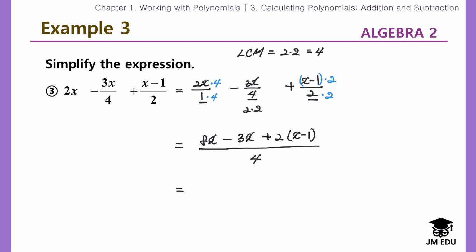That is equal to 8x minus 3x, 2 times x is plus 2x, 2 times negative 1, that's minus 2, over 4. We have 3 x terms. 8x minus 3x plus 2x. So 8 minus 3, that's 5. 5 plus 2, that's 7.